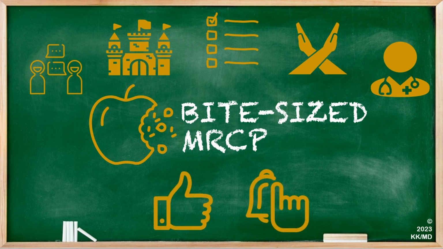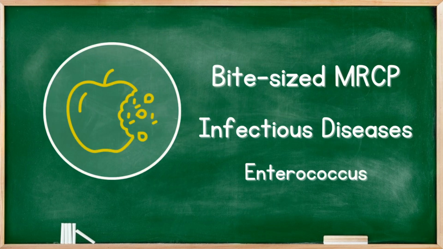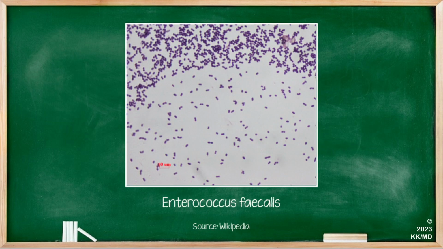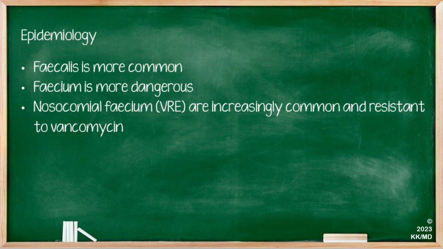Now, without further ado, let's get into today's topic, which is on Enterococcus under the section of infectious diseases. So the epidemiology of this is that it comprises two different types of Enterococcus.